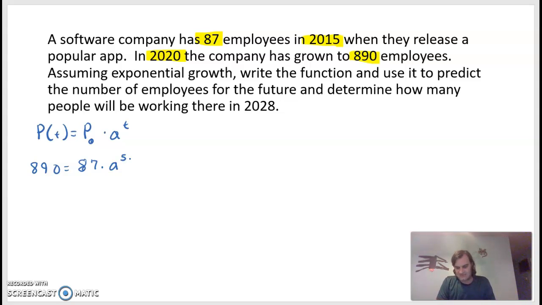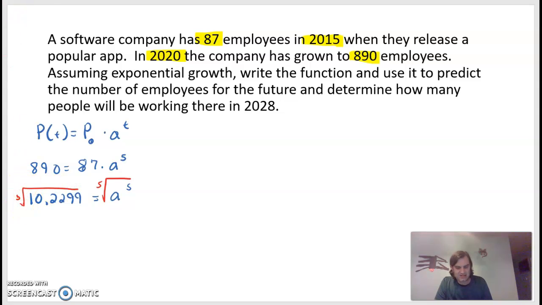So 890 divided by 87, I'm going to stick with my 4 decimal place rule here, but it'll be 10.2299 equals a to the 5th. And to get rid of that 5th exponent, I'm going to say 5th root of both sides. Okay.